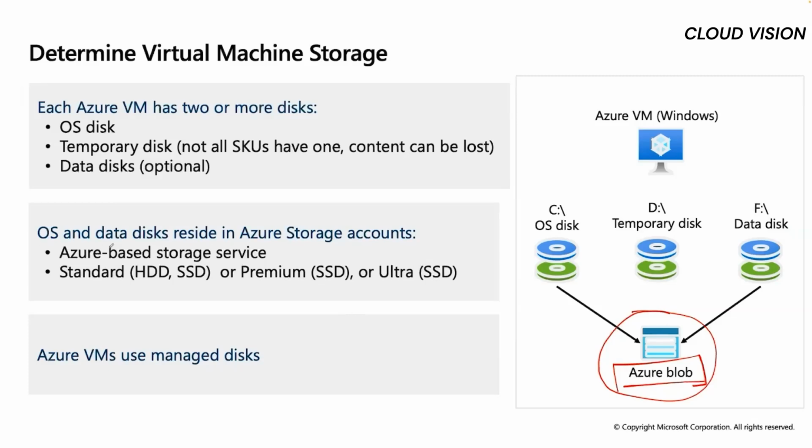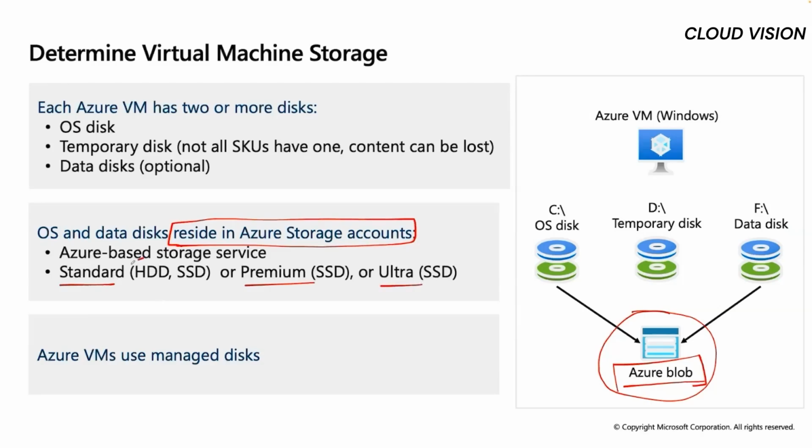Okay, OS and data disks reside in an Azure storage account. So the storage account we create for normal purposes, which we have created multiple times, it sits within this, and it's an Azure-based storage service, and there are 3 types: standard, premium, and ultra.